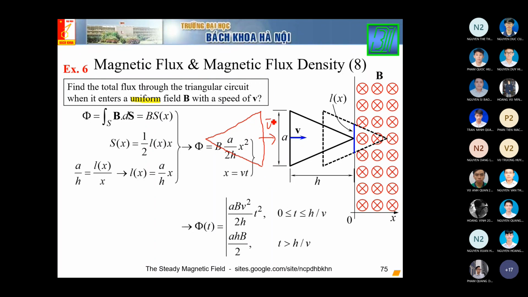In the original exercise, the peak here enters first. And in my mid-class exercise here, the bottom edge enters the magnetic field first. Understand the requirement? Okay, go ahead. I give you 7 minutes for this exercise.